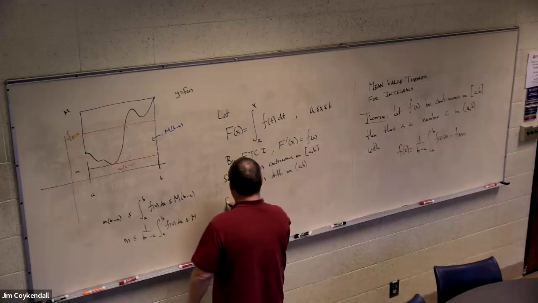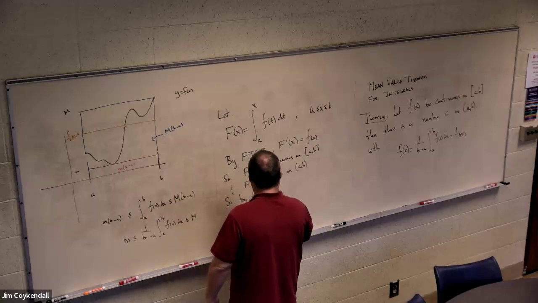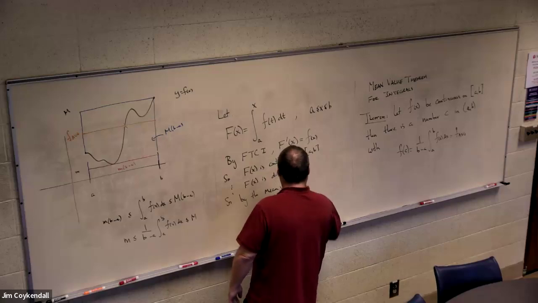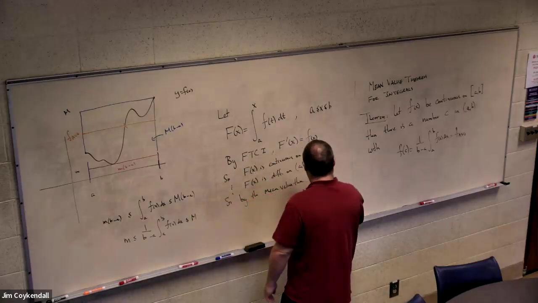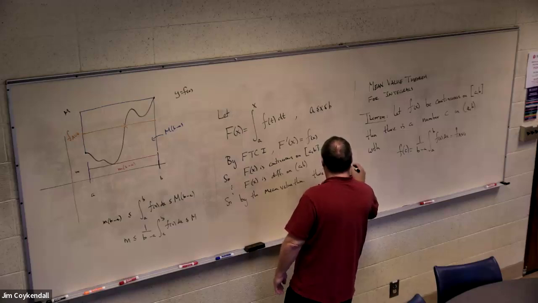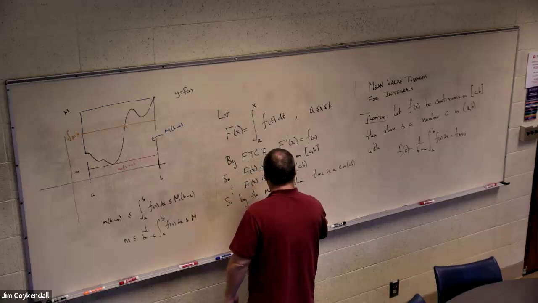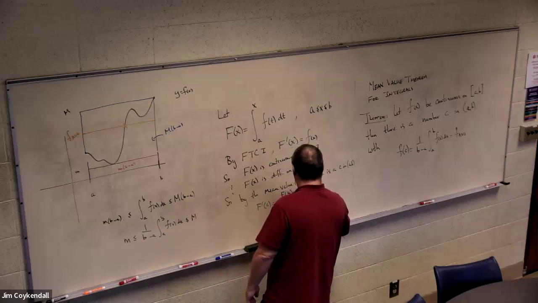So, by the mean value theorem for derivatives, there is a c in the open interval (a, b) with F prime of c equal to F of b minus F of a over b minus a.